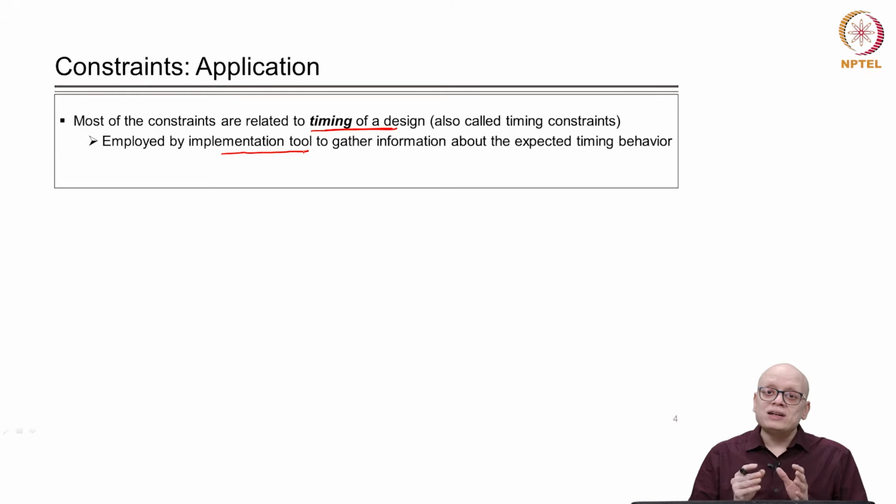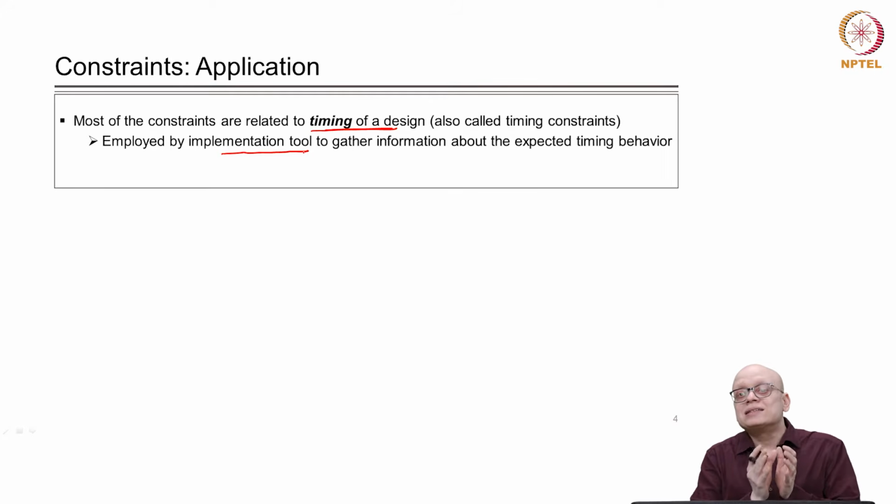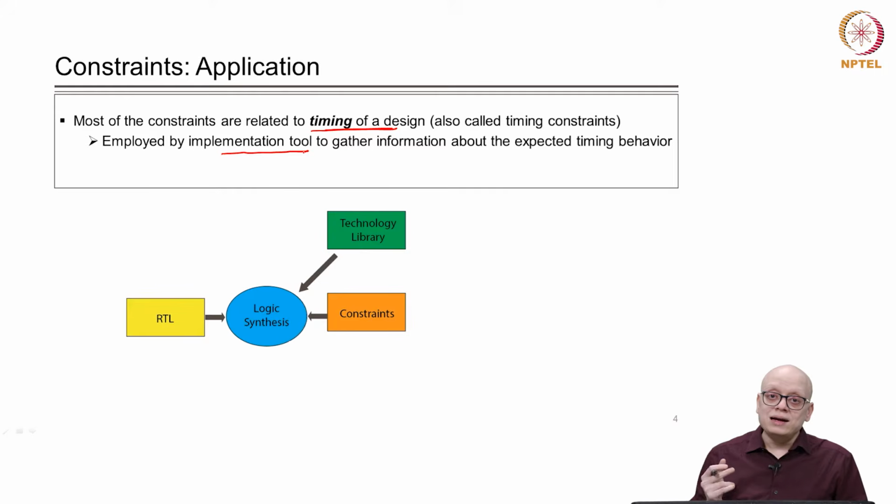Now, the implementation tool will actually use this SDC command and then make changes in the design such that the design is able to achieve a desired frequency. So, from our earlier discussions, we have said that the logic synthesis takes 3 inputs, right.